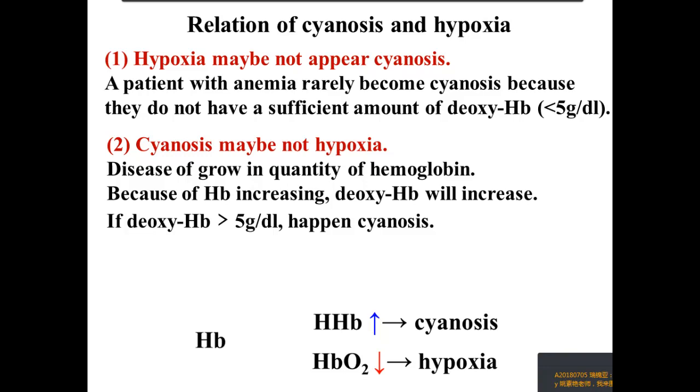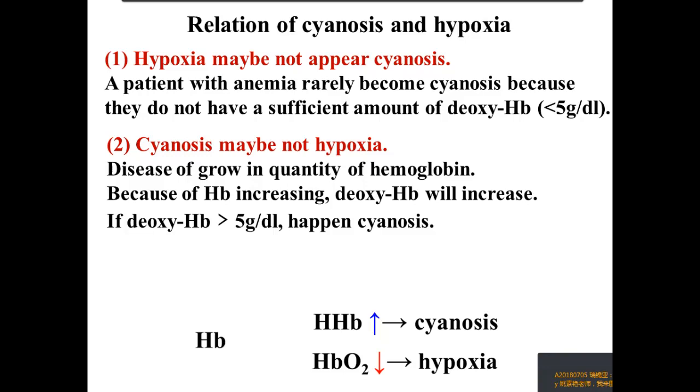The first type has hypoxia but no cyanosis, for example anemia. The second has cyanosis but no hypoxia, for example a disease of growth in quantity of hemoglobin, where the patient's hemoglobin is more. Understand? In the first, hemoglobin decreases; in the second, hemoglobin increases.